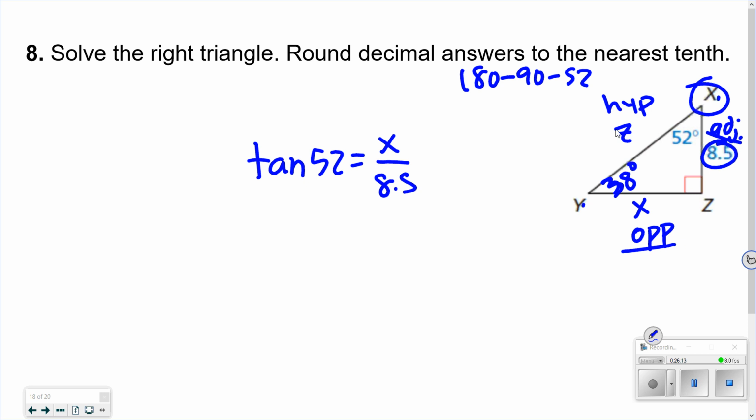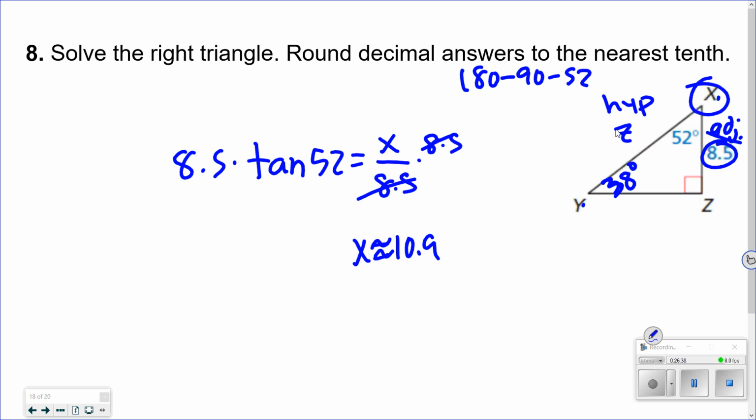I'm going to times by 8.5 on both sides, and those cancel out. We plug that in our calculator: 8.5 times the tangent of 52 gives me 10.9 if I round it off. So X is approximately 10.9, and this side is 10.9.